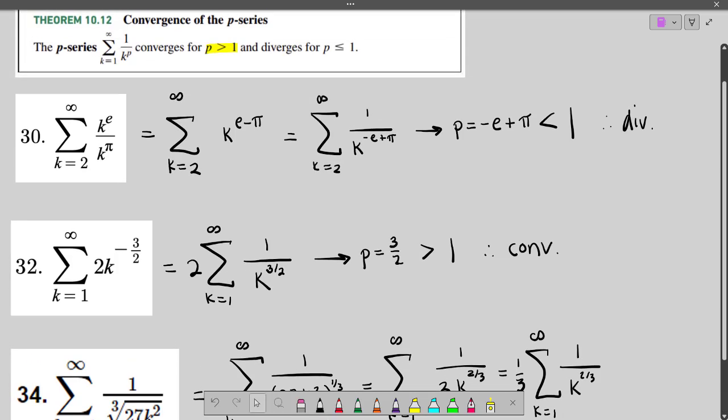Here, maybe it's not as obvious, but still, you know that this power on the k is... what would you say here? What would you say the limit of this k to the pi is as k goes to infinity? What do you think that power is? Or what do you think that limit is? Does everyone agree?